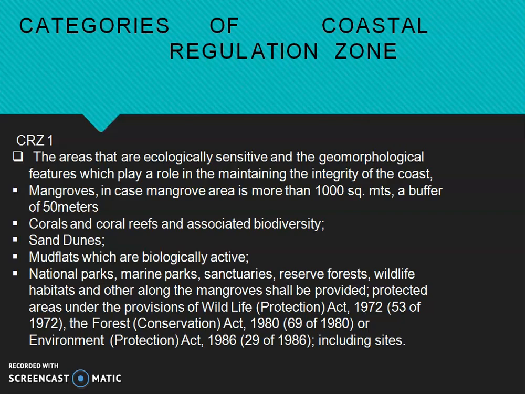Mangrove areas of more than 1000 square meters with a buffer of 50 meters, coral and coral reefs and associated biodiversity, sand dunes, biologically active mudflats, national parks, marine parks, sanctuaries, reserve forests, wildlife habitats, and all the mangroves provided for under the Wildlife Act, Forest Act and Environmental Protection Act in the following years. All are coming under CRZ1.